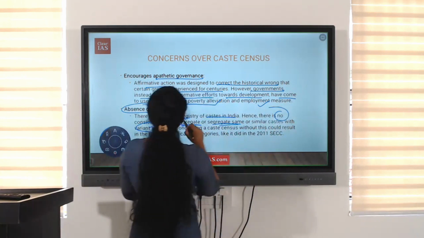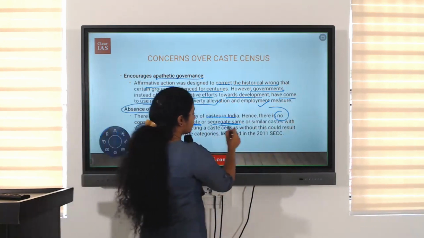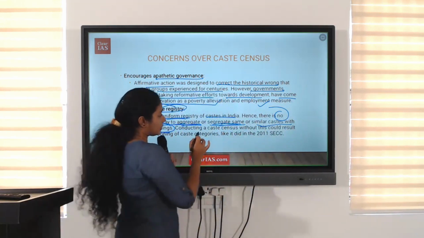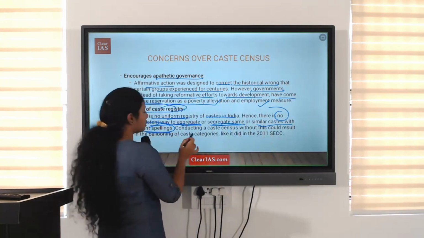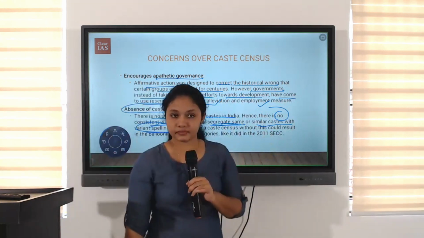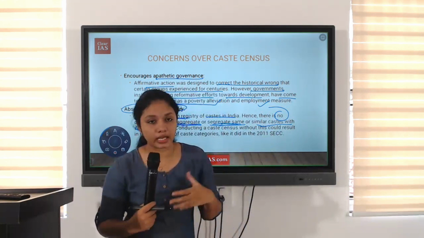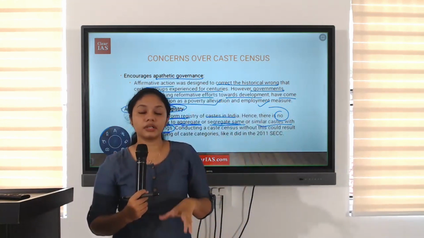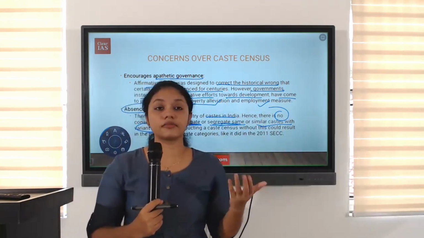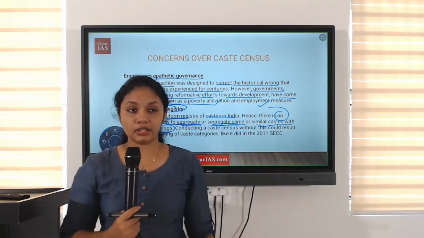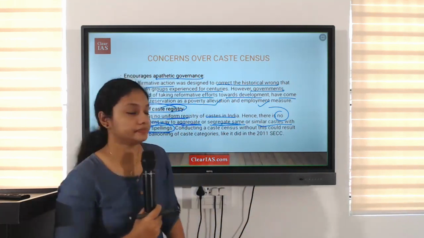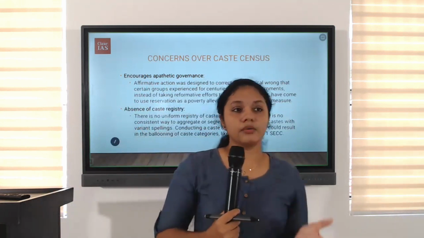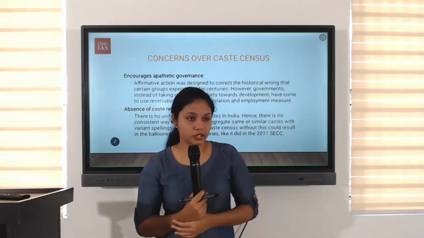Hence, there is no consistent way to aggregate or segregate same or similar castes with variant spellings. Conducting a caste census without this could result in the ballooning of caste categories. Clear? There will only be an increase in the caste numbers and in the division among the castes. Clear? Okay.